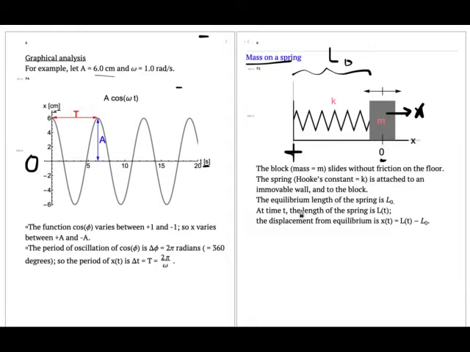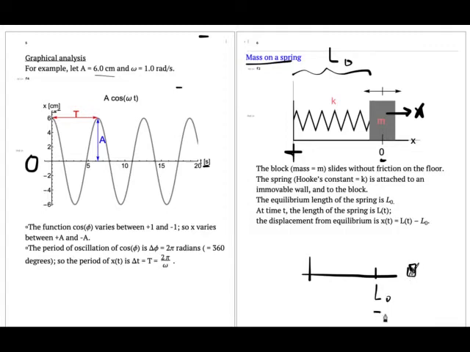So at time t, the length of the spring is some L of t. And the displacement from equilibrium is the length at time t minus the equilibrium length L0. So let's draw another picture. Let's suppose the equilibrium length of the spring is L0. I don't know, maybe that's half a meter. And now let me move the block out here.